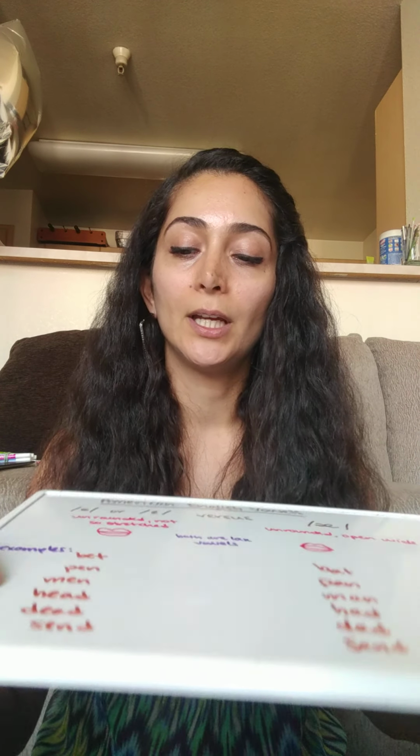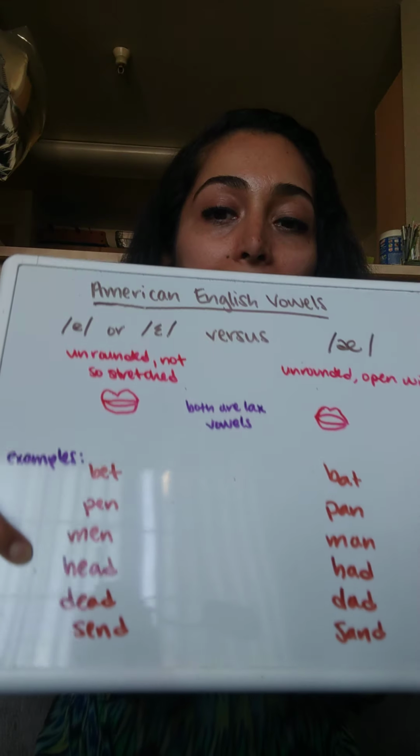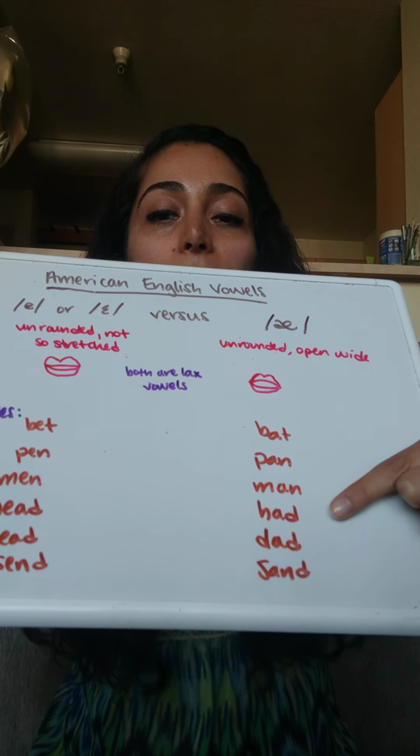Few more words here. Next word we have is head versus had, okay? First word again is head, head. Second word is had, had. E, a, e, a.